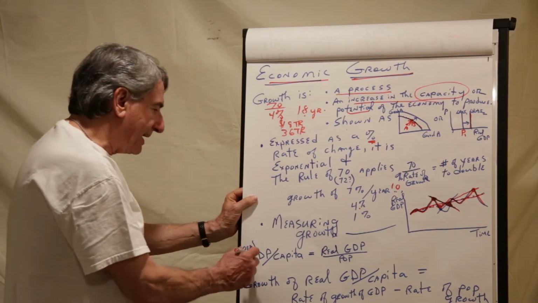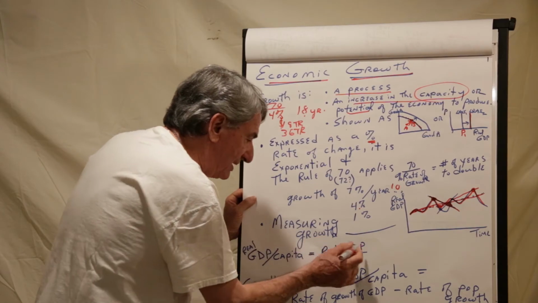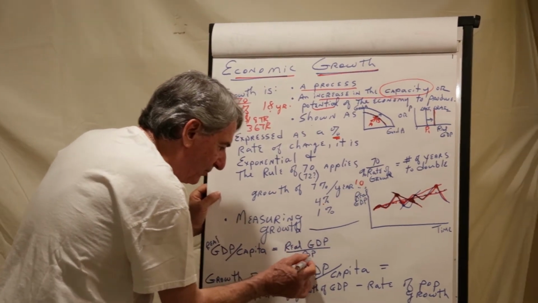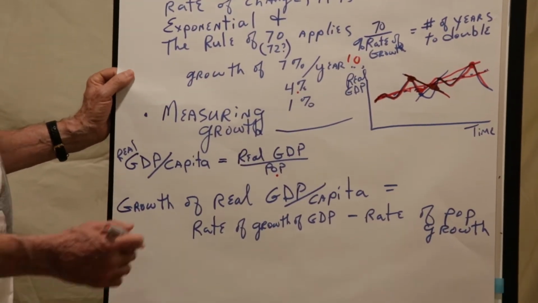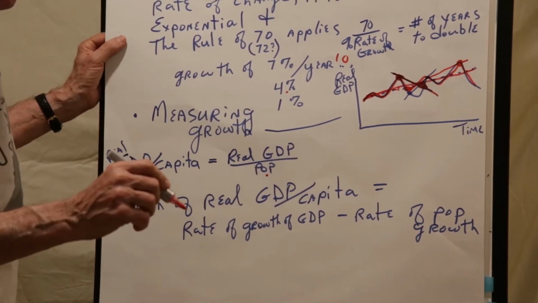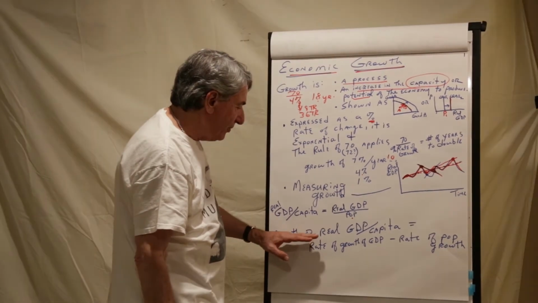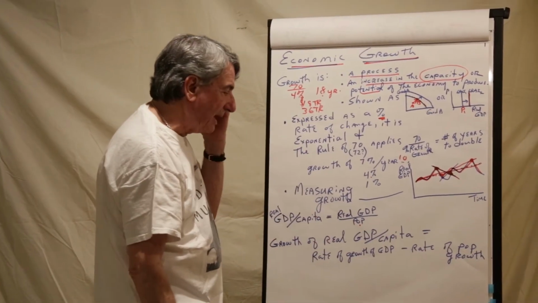Real GDP per capita is another. How do we get real GDP per capita? We take the real GDP in any given year and we divide it by the population. And that tells you each person in that country's share of GDP. So how would we figure out the growth rate of real GDP per capita?